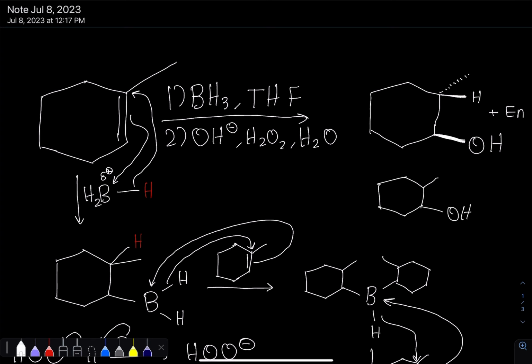We would predict that we'd have the hydroxyl on the less substituted carbon, then a methyl that just has a new hydrogen attached, and we can show the hydrogen like this. So that's the whole mechanism for this reaction.